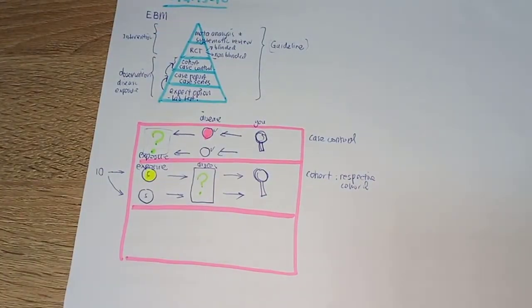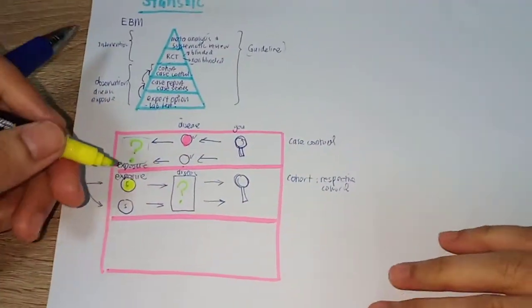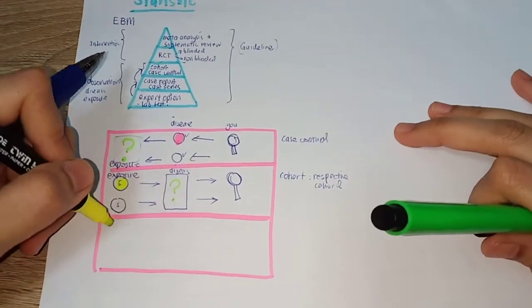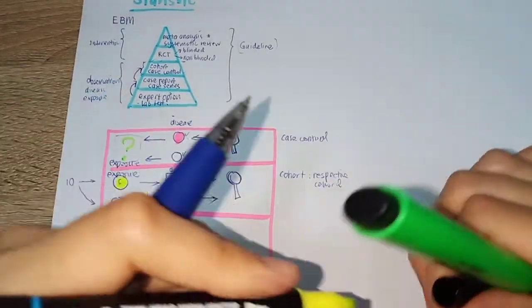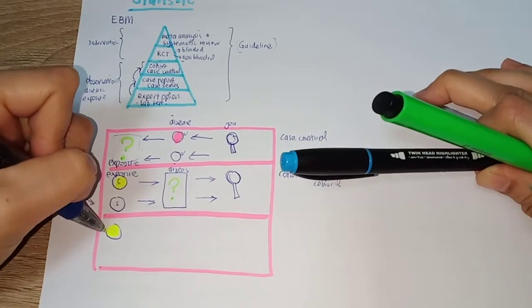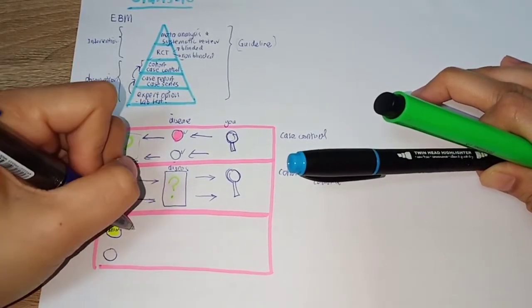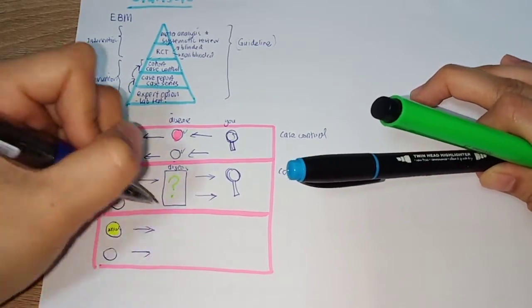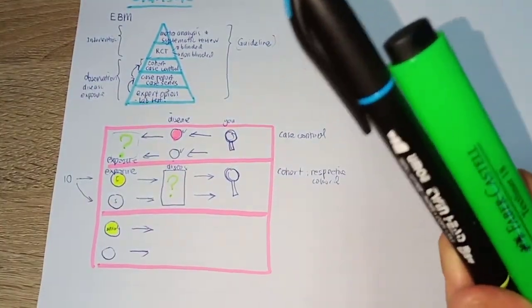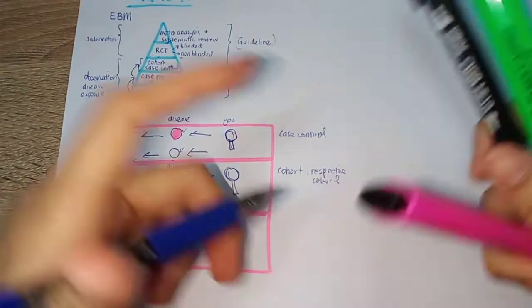Okay. And now, if you know about the exposure, for example, you have two kinds of patients: who smokes and who does not smoke. And then you come in between here. So this is you.